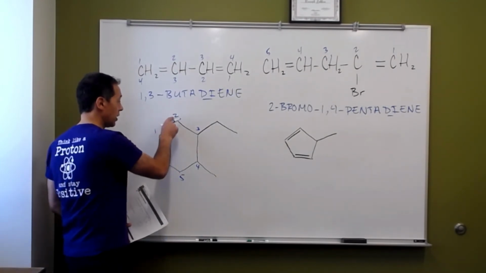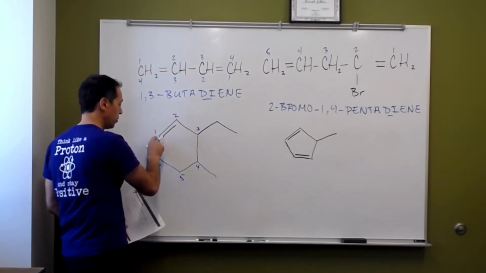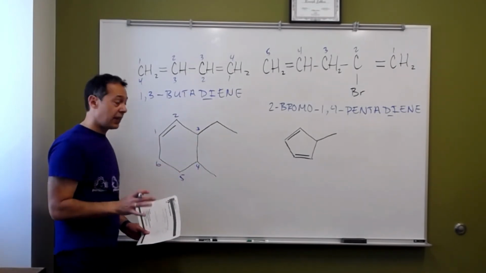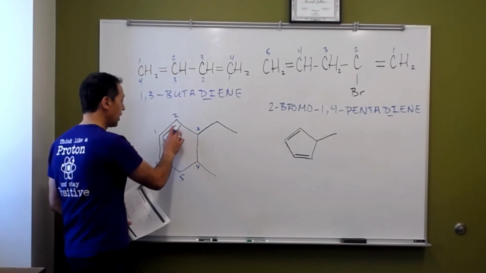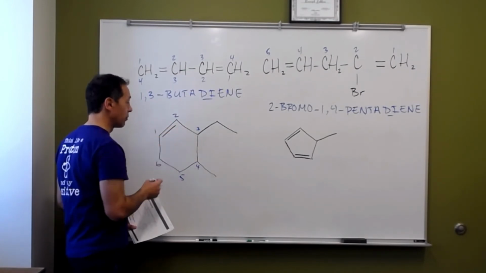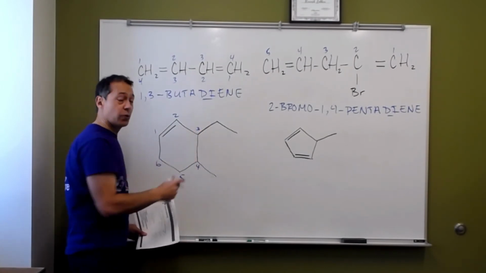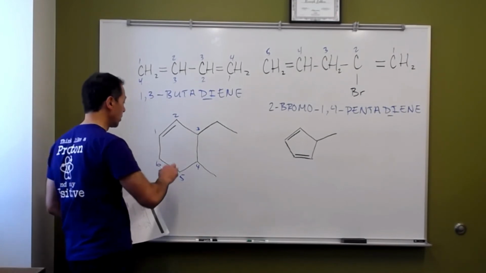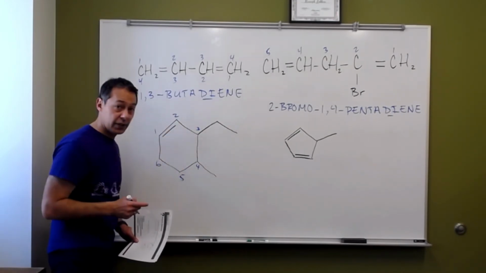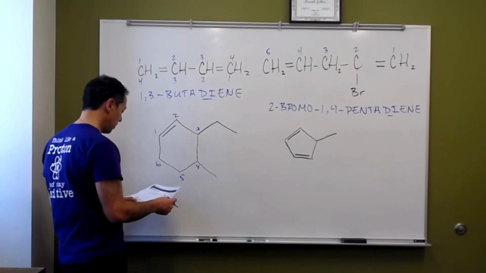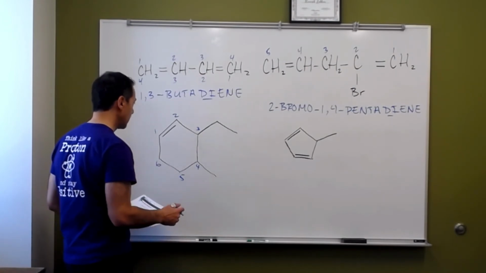What if we started here and went 1, 2, 3, 4, 5, 6? Well, if we did that, then our double bond here would have the same number. It's starting out with a number 1. But then these substituents would have higher numbers. And so we want to have the lowest possible numbers. So we're going to go clockwise in this case. All right, so this here is going to be a cyclohexene.